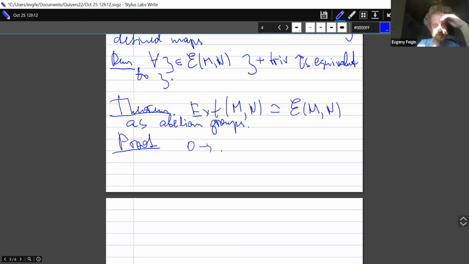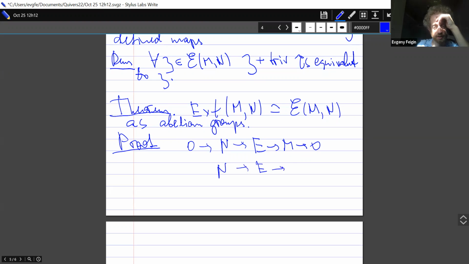So if we have 0 to N to E to M to 0, maybe we can take E to be the same, putting a minus somewhere.